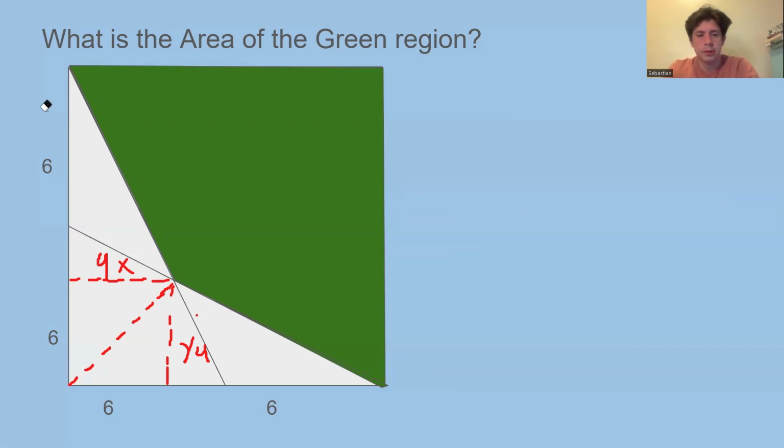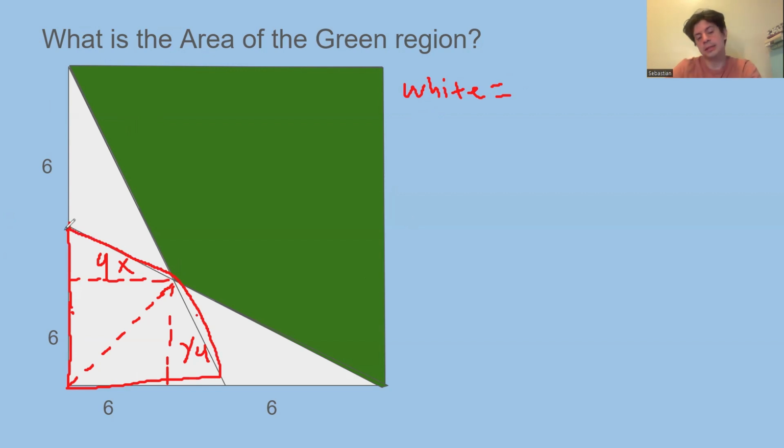All right, so then we're going to do white equals the two triangles added up together minus this region, because this region's getting double counted. So now this region is these two triangles. So white equals, and each triangle was 36. So it's going to be 36 plus 36 minus what?